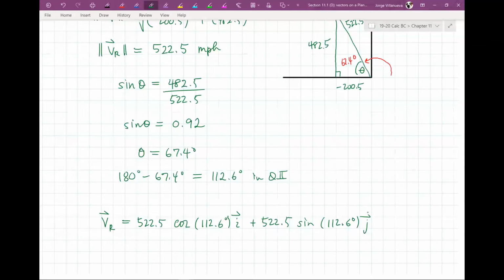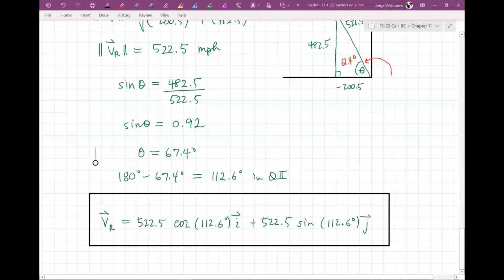That'd be 90 minus 67.4, which is 22.6. So you could say it's traveling north at 22.6 degrees west, right? To make the same angle, or just say the actual angle, 112.6 degrees, right? Depends how creative you want to be. Okay, and also just mention its magnitude, so 522.5 miles per hour. Okay, so let me just kind of put that here as an answer.